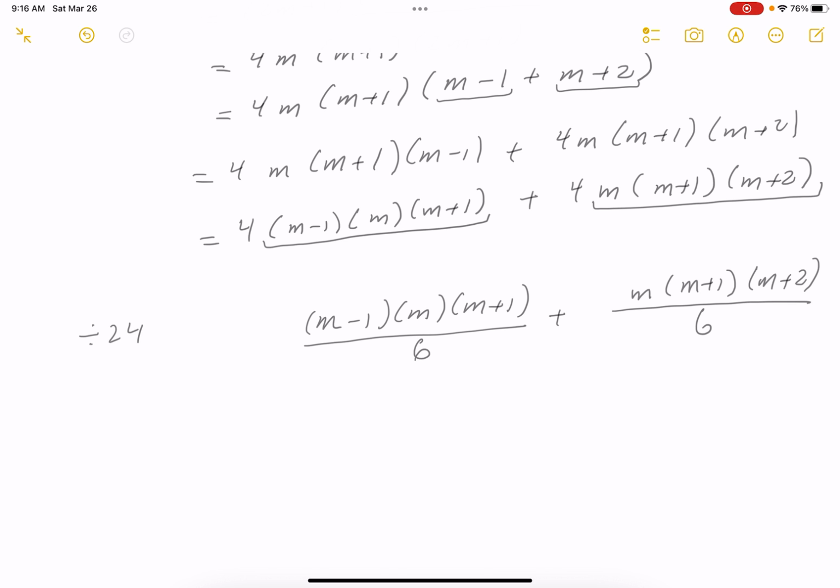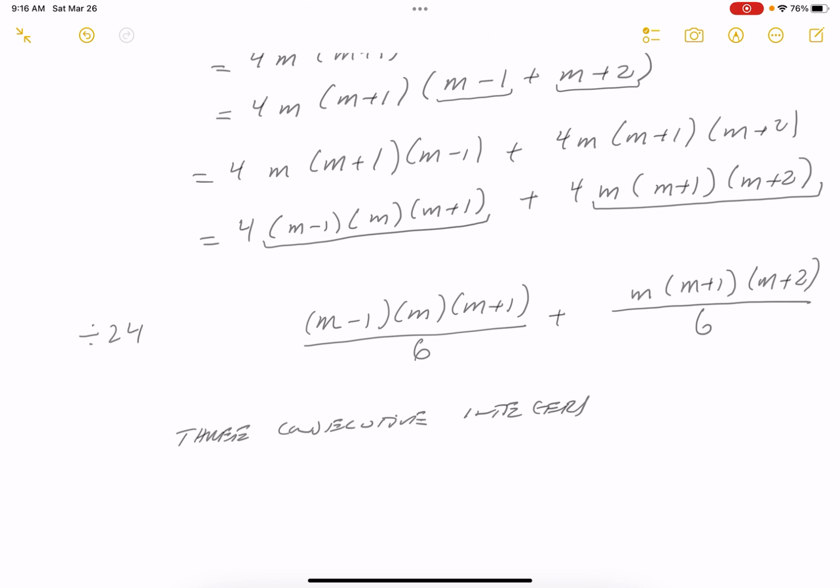All right, so what do I know about that? There are 3 consecutive integers.